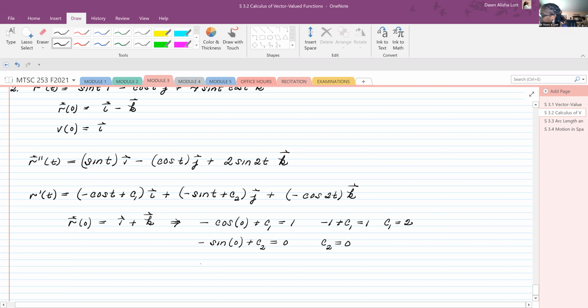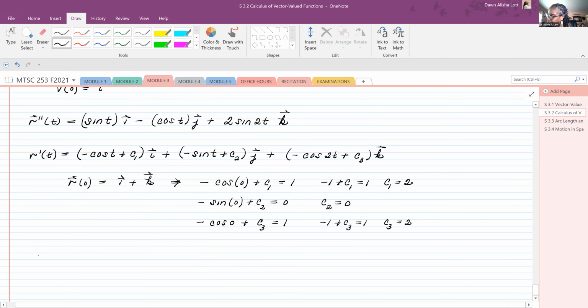And then negative cosine of 2 times 0. Oh, I forgot a constant. Plus C3. Okay. Plus C3 is equal to 1. So that says negative 1 plus C3 is equal to 1. So C3 is also equal to 2.